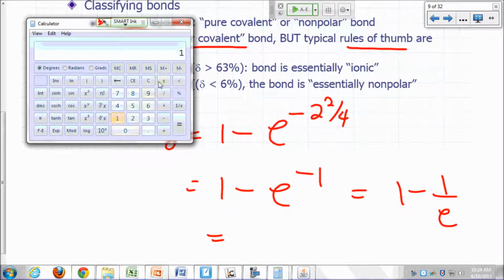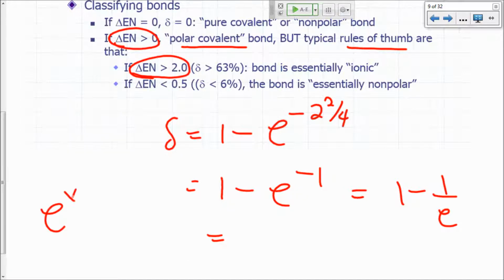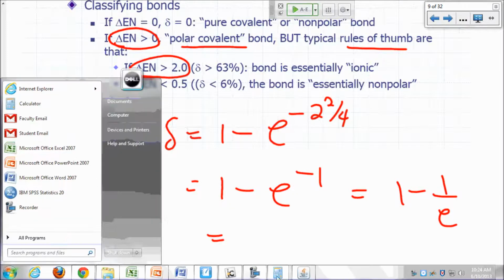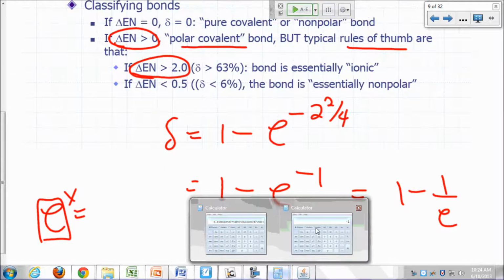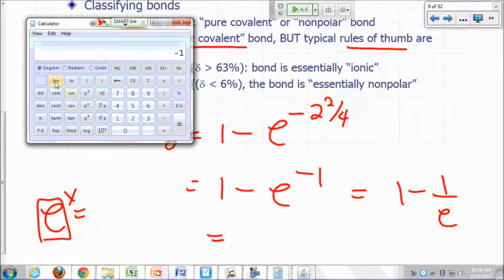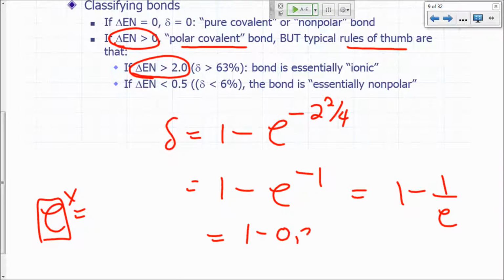I'm going to say negative 1, inverse natural log. e to the x is just the inverse of the natural log. Raising e to the power x means taking the inverse of the natural log. So I have negative 1, inverse, here's e to the x, right here. Okay, so it's 0.37. So it's 1 minus 0.37, so that's about 0.63.